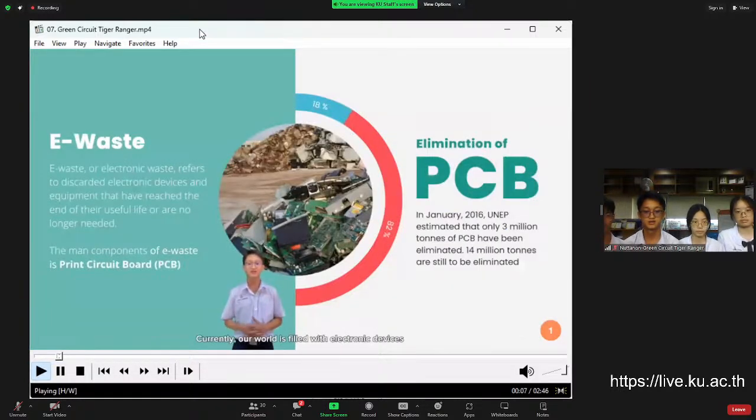Currently, our world is filled with electronic devices that become electronic waste when they reach the end of their lifespan. In 2016, UNEP identified that printed circuit boards made up about 17 million tons of e-waste, of which only 3 million tons are eliminated.